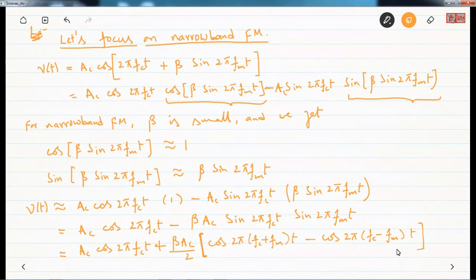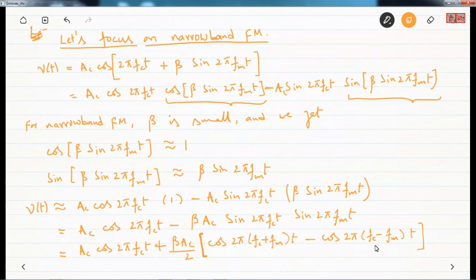So what do you have here? You have the carrier signal AC cos 2 pi FCT, and you have cos 2 pi (FC plus FM)t. It looks somewhat familiar, right? It is kind of an upper sideband signal in an amplitude modulated wave.